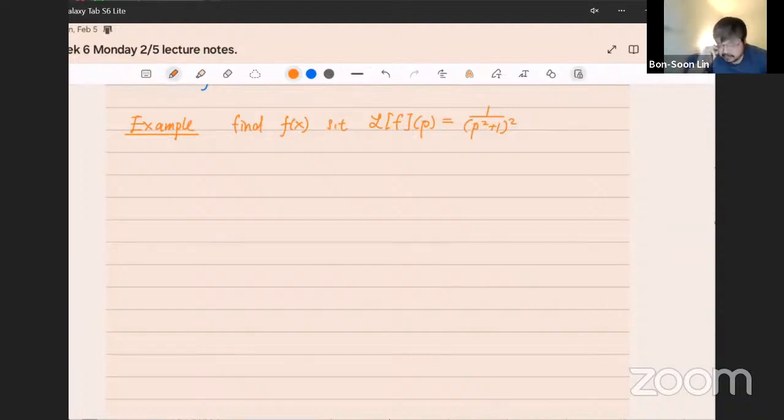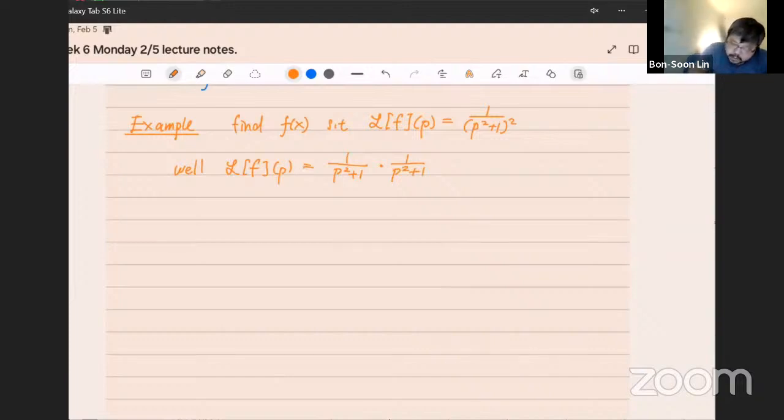Okay. So how do we do this, right? Well, if the transform of f is 1 over p squared plus 1 quantity squared, that is 1 over p squared plus 1 times 1 over p squared plus 1, right? So far, so good?